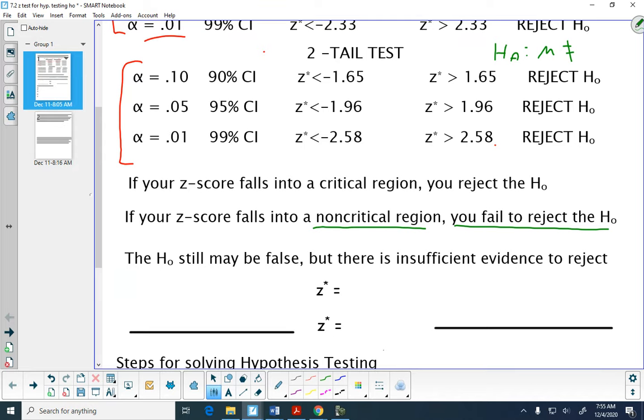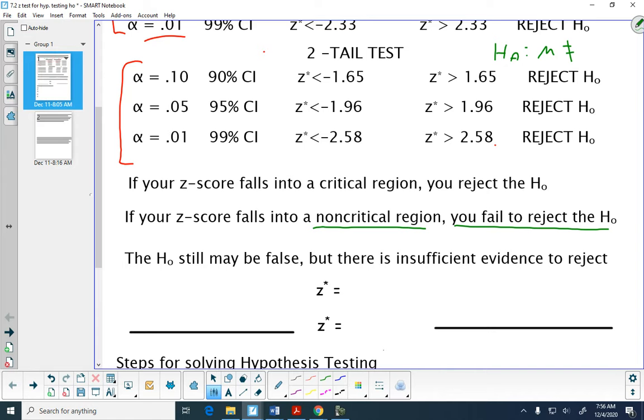Okay? There's a difference between fail to reject and accept. When we fail to reject the null hypothesis, we still may not believe it's true, but we don't have enough statistical evidence to prove that it is not true. So we fail to reject it, we may not accept it, we just don't have enough information to reject it.